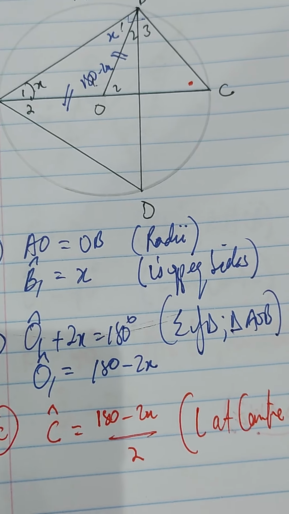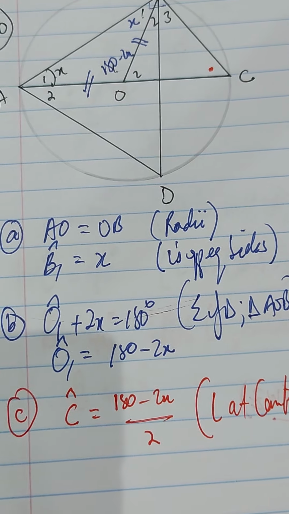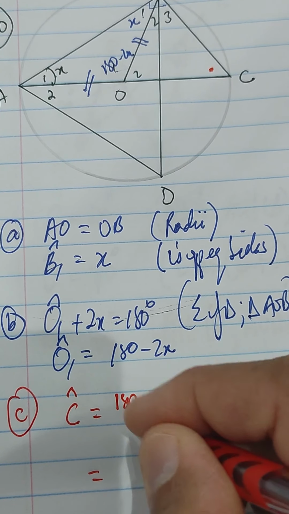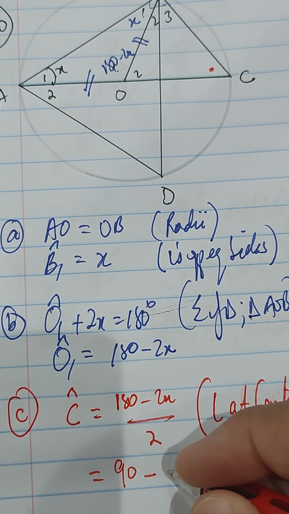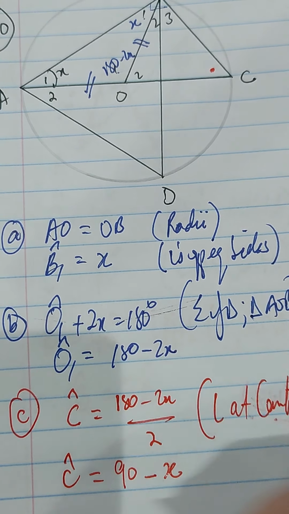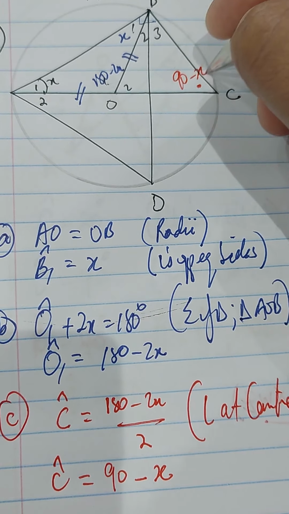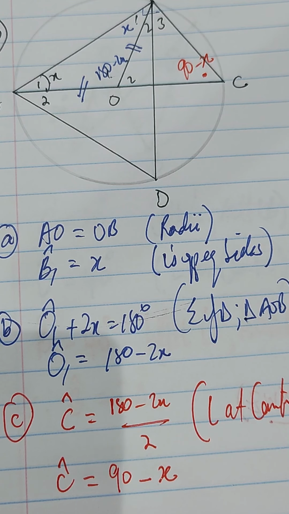So I divide by 2: 180 divided by 2 is 90, minus 2X divided by 2 is X. So angle C is going to be 90 minus X.